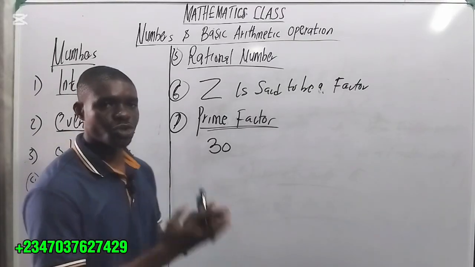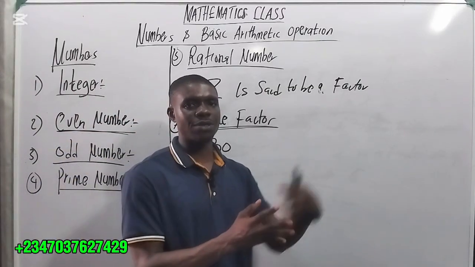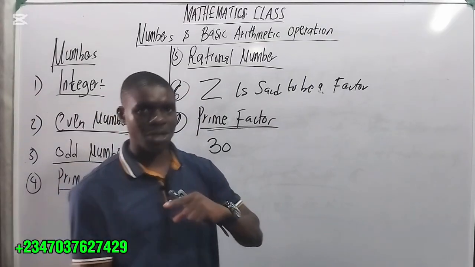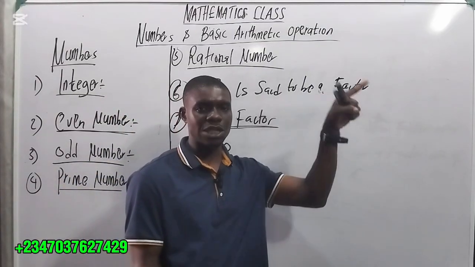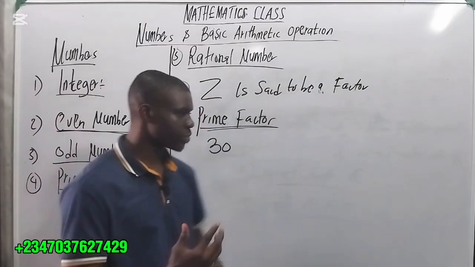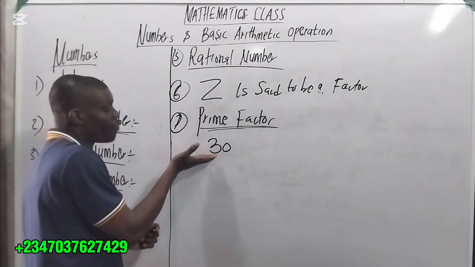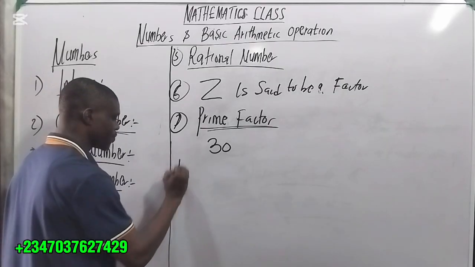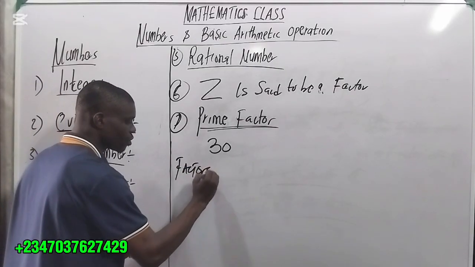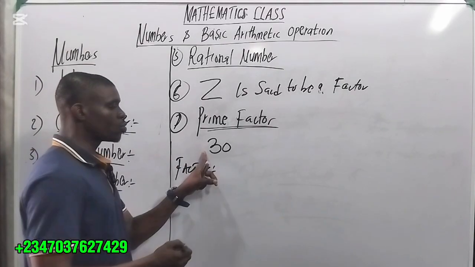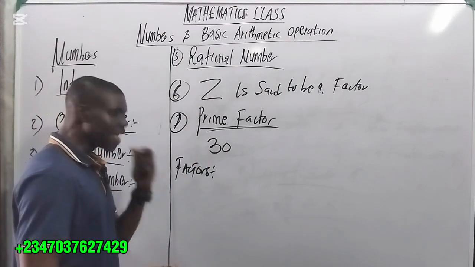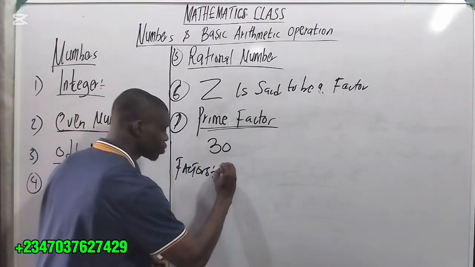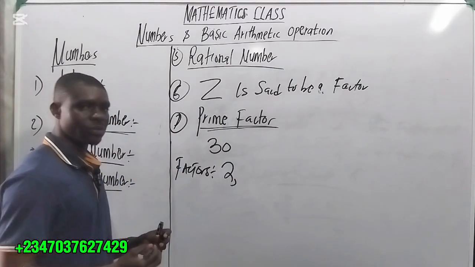Because when you say a number is a factor of another number, that small number can go into that large number, can divide it without any remainder. So 2 can go into 30, giving 15.